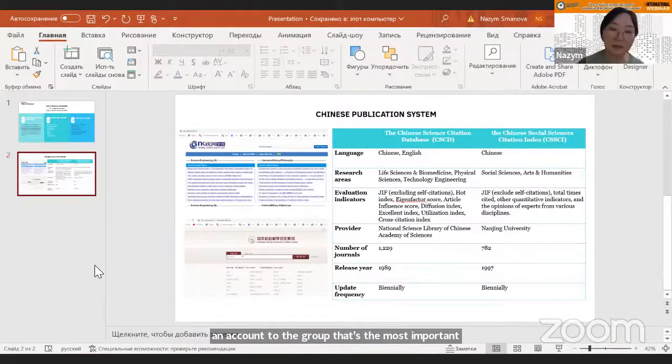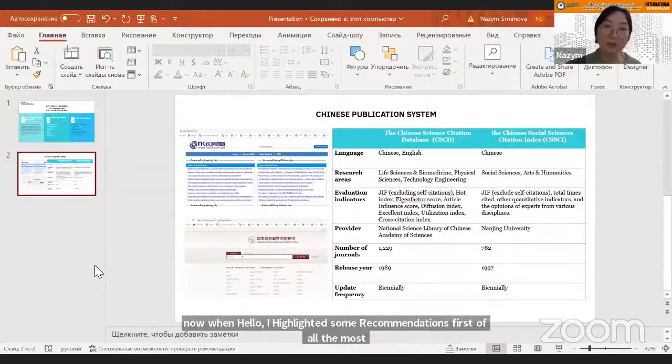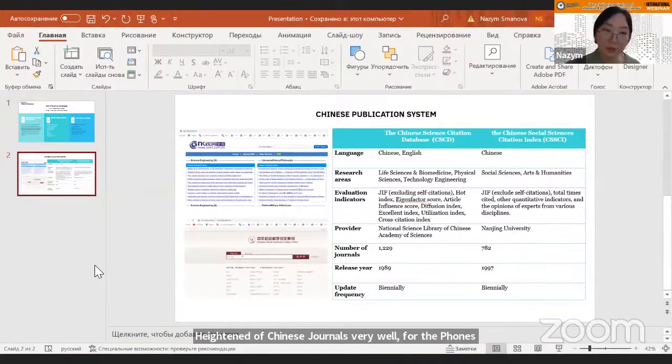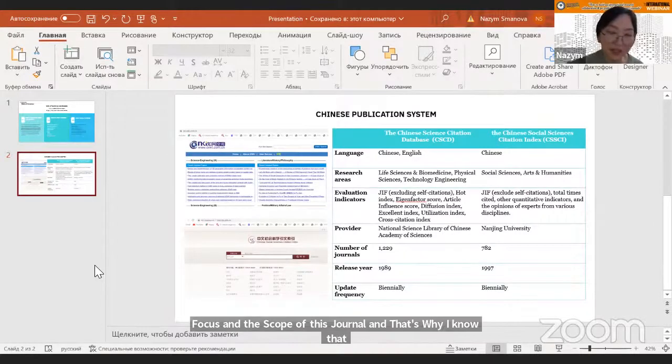I highlighted some recommendations. First of all, the high-impact Chinese journals look for content that is new and currently important to society, and also appropriate to the research focus and scope of the journal. That's why familiarity with the journal is very necessary.